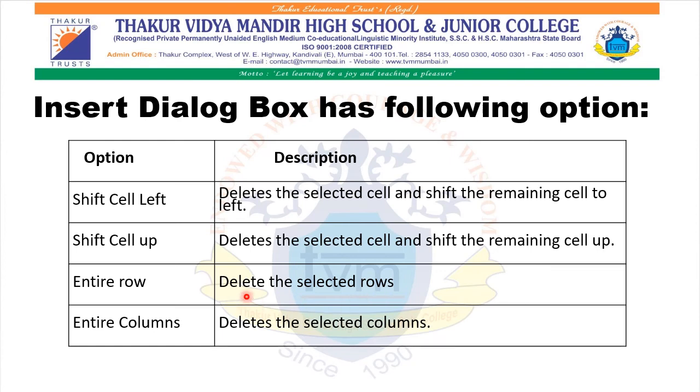Third is delete entire row. This will delete the selected row from the sheet. The next is delete entire column. Delete column will delete the selected columns from the worksheet.